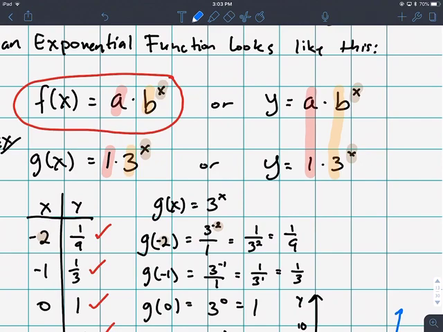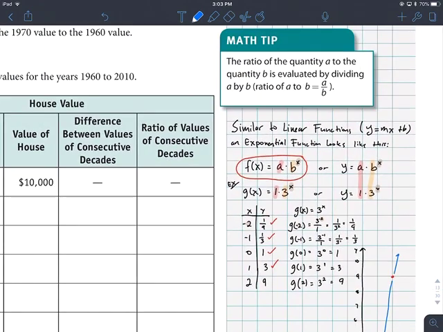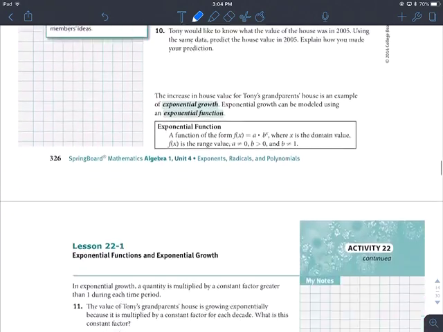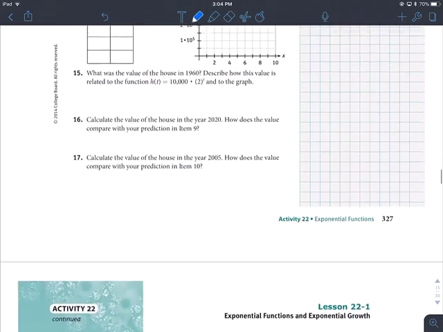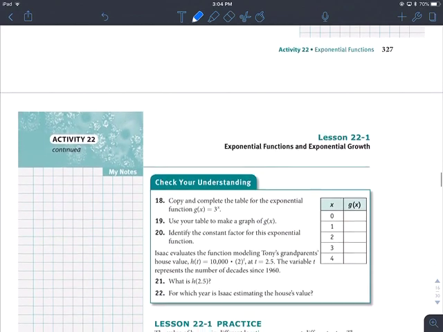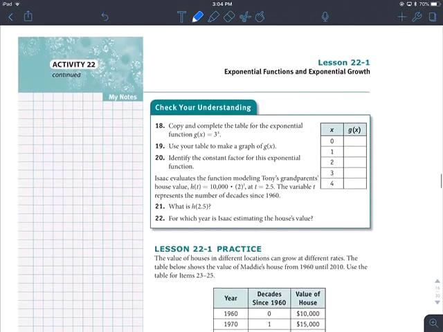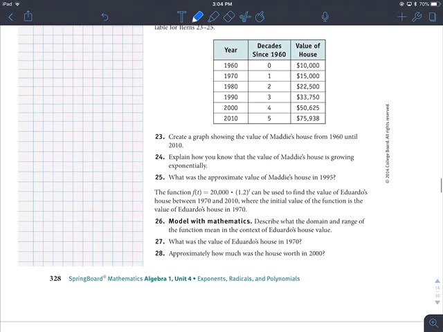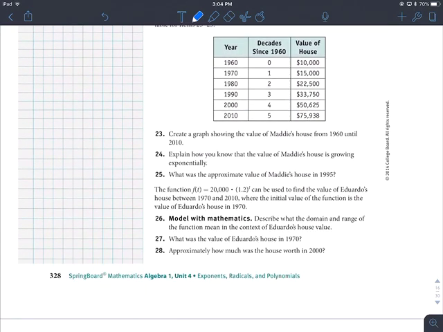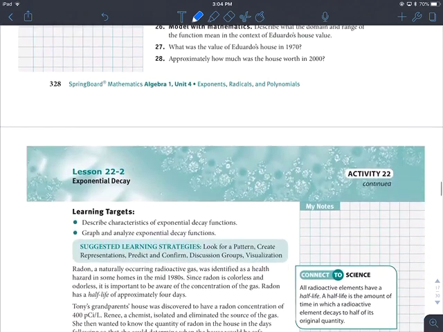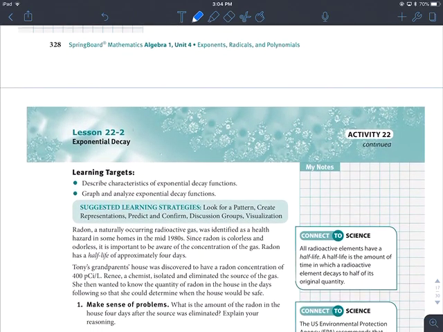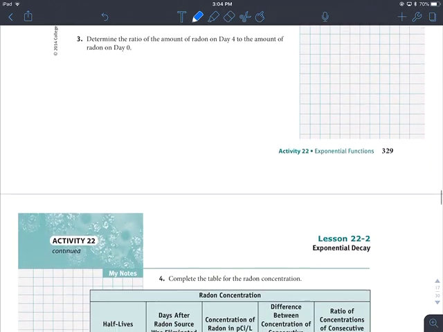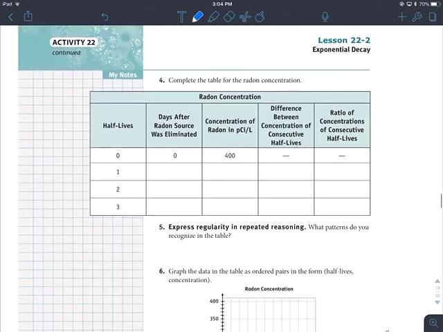If you look in the book, we'll do some real life applications. There's something happening in the world right now that is applicable, so I'll do a video and put it up in Schoology so that you can look at it. Notice that if you look at everything in activity 22, never mind the application part of it, I'll do a video on that later on.